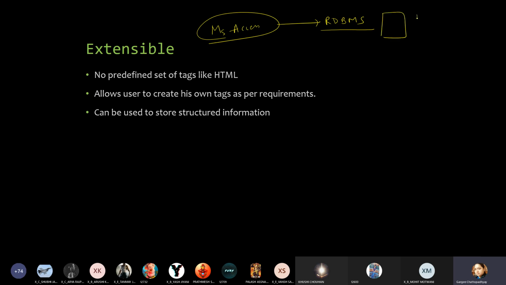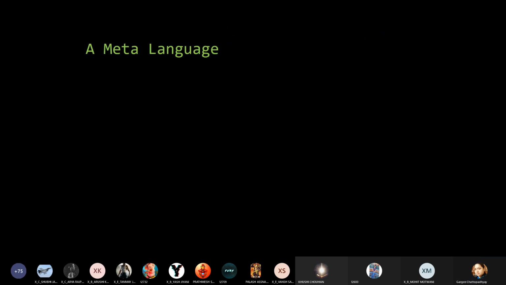There also we create tables. Tables are connected to each other by a common field. Okay, primary key and foreign key in another table. So that means we are establishing some relationship between the tables, and hence it becomes structured data. So here also you are able to store structured information.